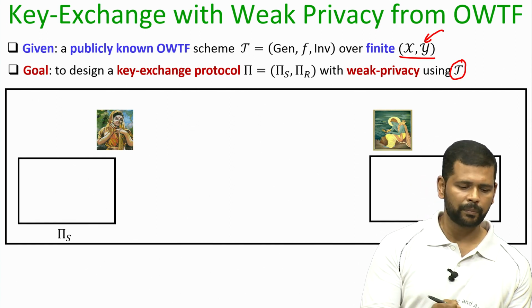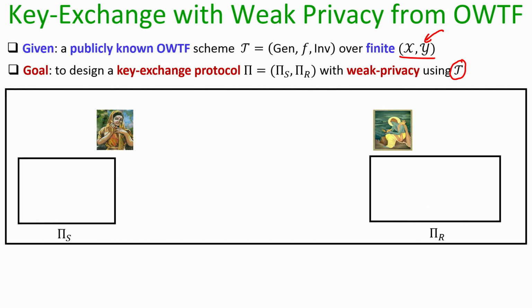The protocols pi sub s and pi sub r for the sender and the receiver respectively will be as follows. The receiver runs the parameter generation algorithm of the one way trapdoor function scheme and obtains the pair of public key and secret key, and it gives the description of the public key to the sender.